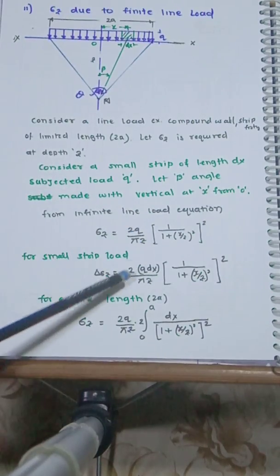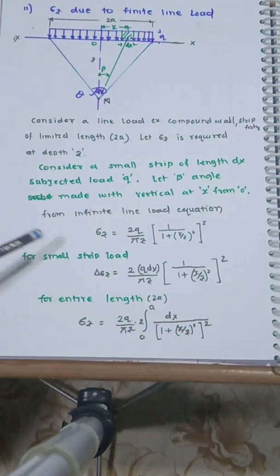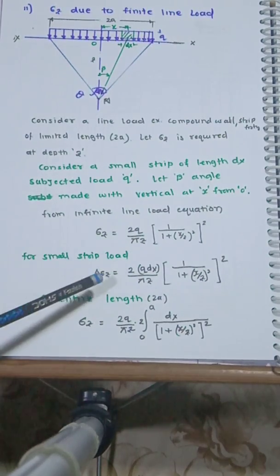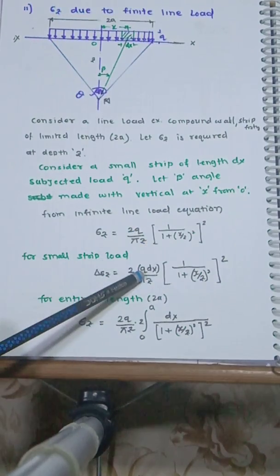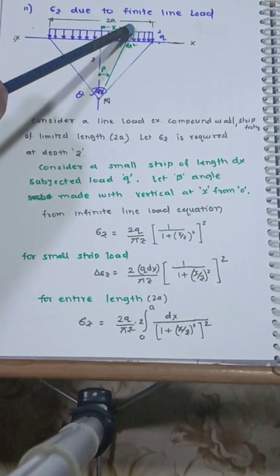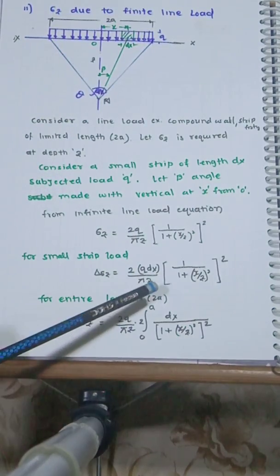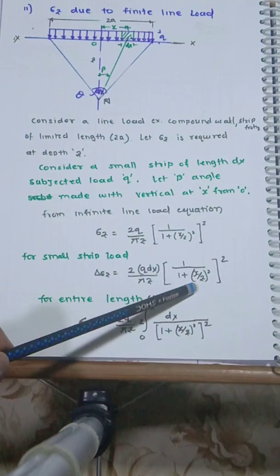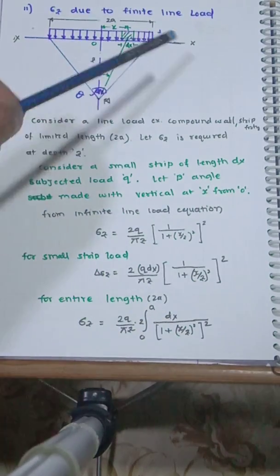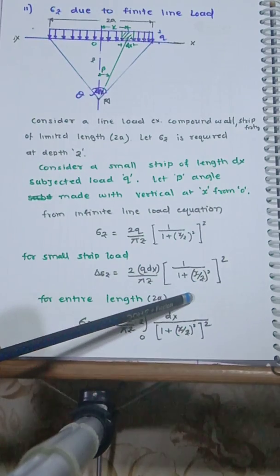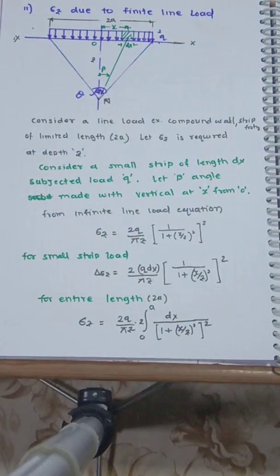So this q I'll replace with a small point load, and because of that, using the same equation, I get a small stress delta sigma z. So substituting q as delta q here, which makes the angle beta, suppose, and again it is a function of x, as it is along the x, so it is x upon z, whole square, and outside the square is 2.